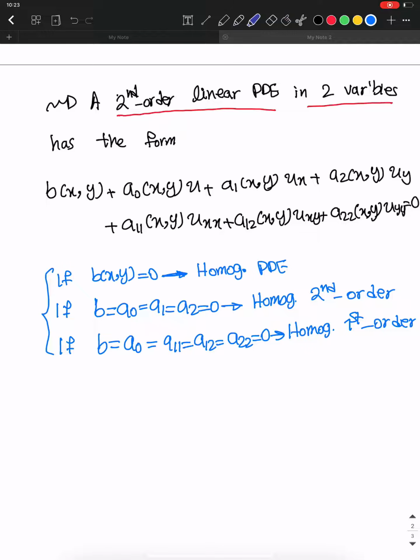For example, homogeneous second order means that these terms all should be 0, and we are only going to have these terms. So this will be a homogeneous second order equation, which comes from here. These are just some definitions.